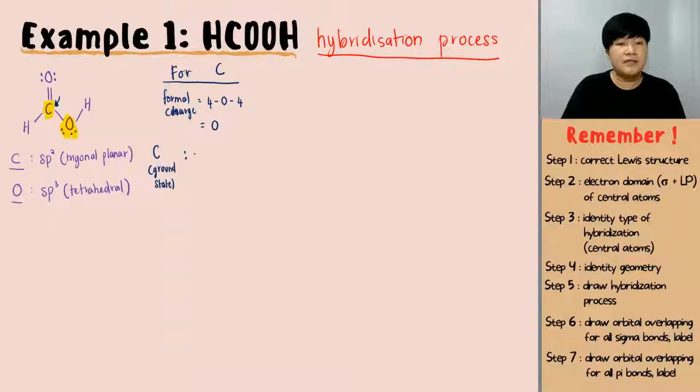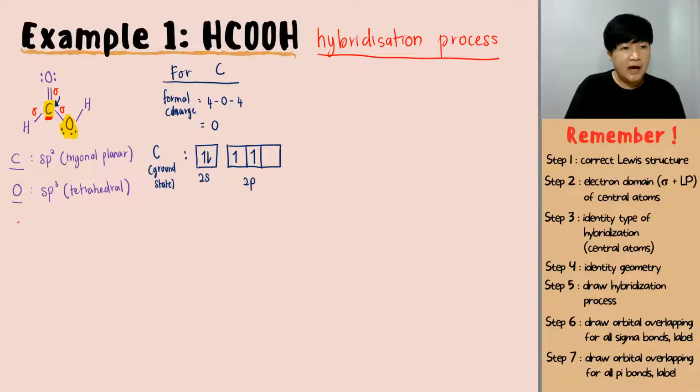The carbon ground state having 4 valence electron that located in your 2s2 and also located in your 2p2. Looking at this central atom carbon right now, the central atom carbon having no lone pair, but having 1 sigma, 2 sigma, and 3 sigma.